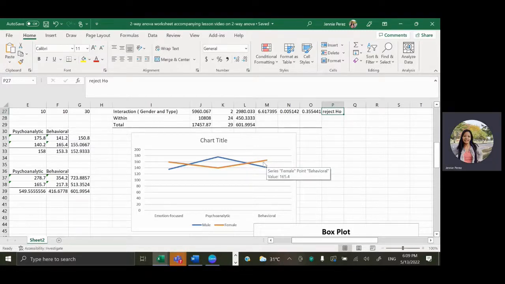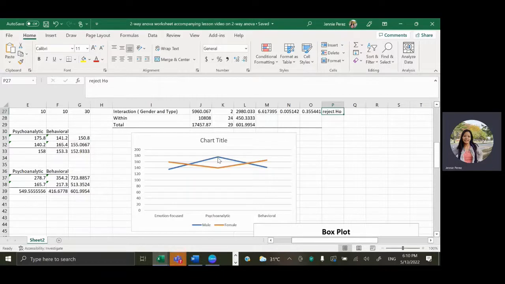Although the clients with a female counselor using behavioral type of counseling, their mean score is higher than the clients under a male counselor, but they are not statistically significantly different.